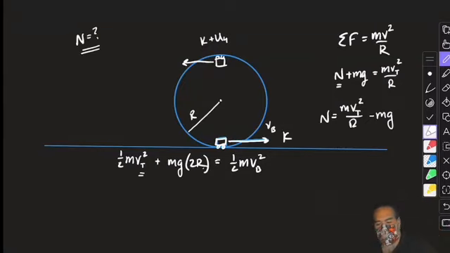We're going to be subtracting it from that mv squared over r. That's it for this problem. We don't have to talk about it much more than that. If you want, I'll put the numbers in, but my numbers are different than your numbers. So that's all the ones you asked about.